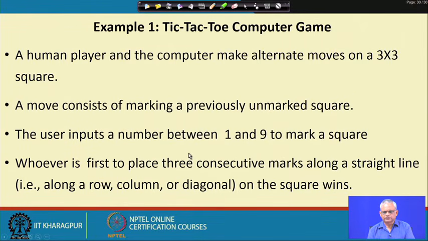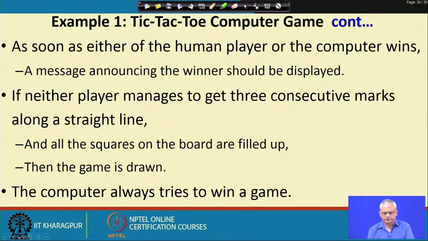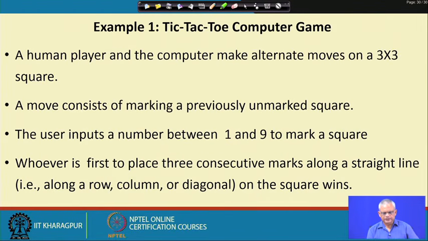Now, let us do a few problems and then see whether we can do the domain model. The Tic-Tac-Toe computer game, we have already done the use case diagram, but just to refresh your memory, just quickly read it. A human player and a computer make alternate moves on a 3 by 3 square. A move consists of marking a previously unmarked square.